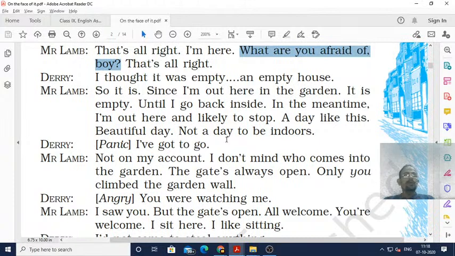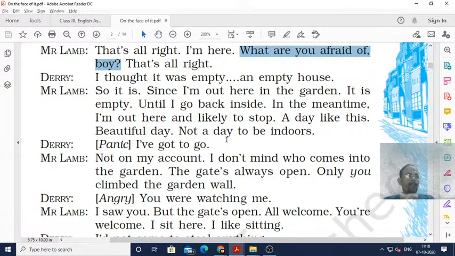Even if I am there in front of you, you have nothing to worry about, nothing to fear. With this statement, Mr. Lamb is trying to reassure the boy that he has nothing to worry about. That's all right.